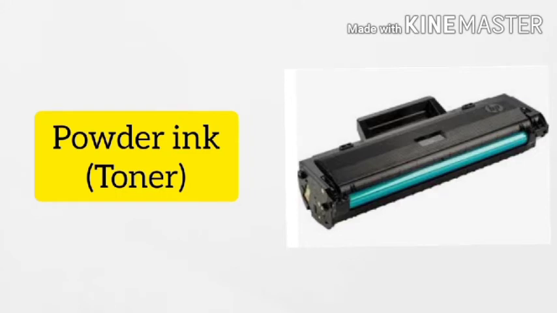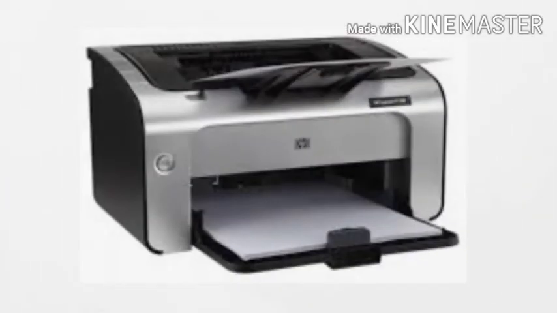There is a heater inside the laser printer which bakes that powdered ink and prints it on the paper, so when the printout comes from the laser printer, it is hot because of the heater.